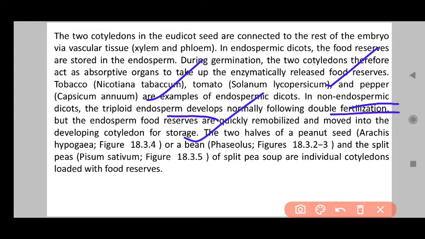The two halves of peanut seeds, beans and split peas, like split pea soup, are cotyledons loaded with food reserves.